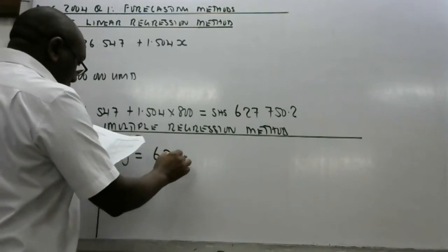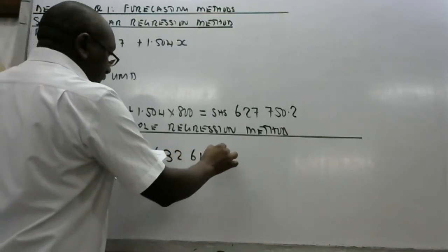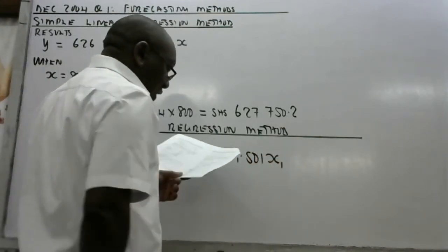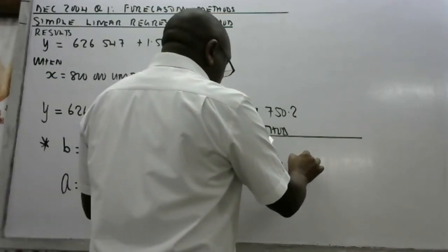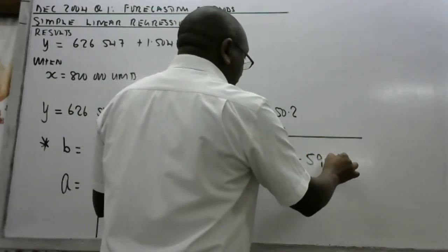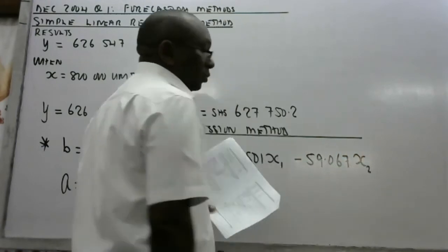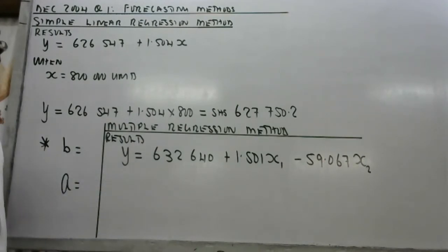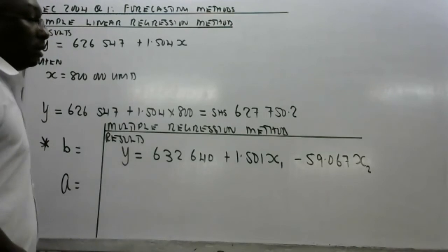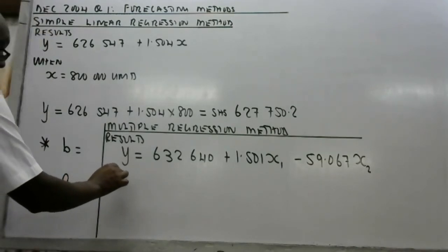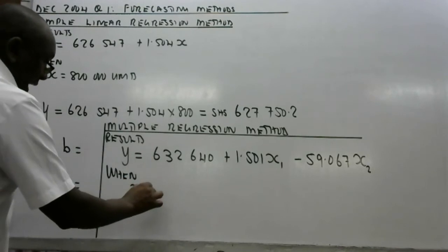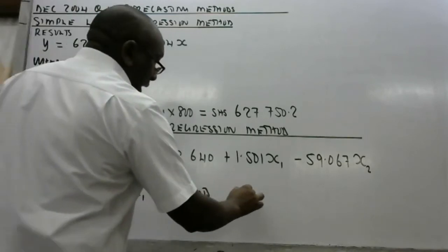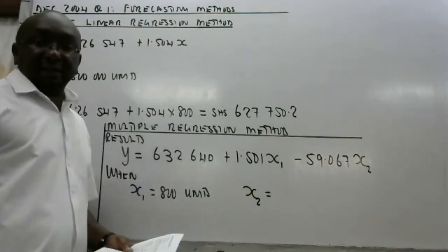Looking at information 6, you can see 632,640 plus 1.501x, we will call it x1, minus 59.067x2. So when x1 is 800,000 units, x2, that is the index.